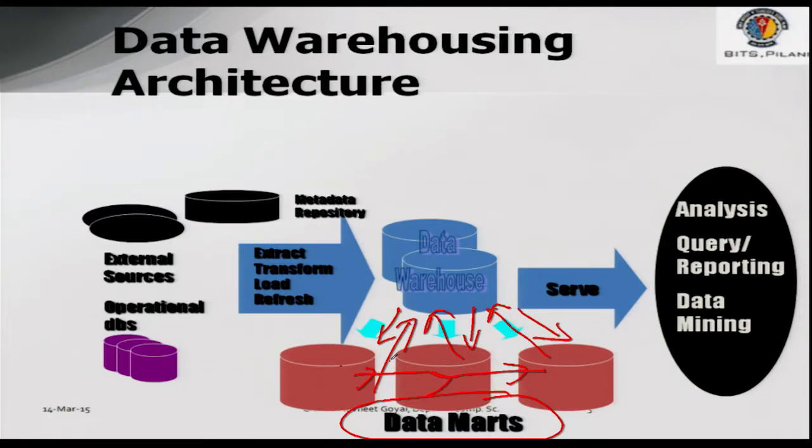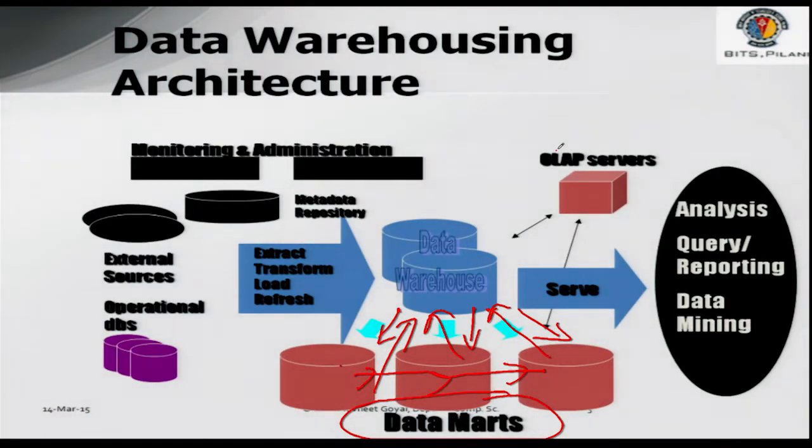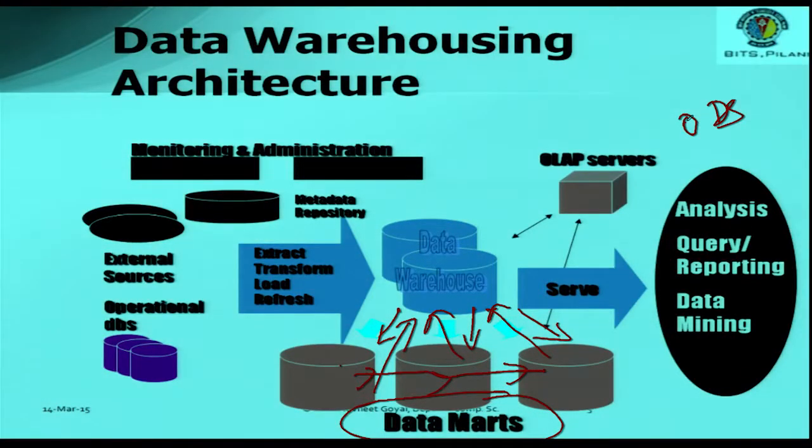So I'll talk about both the approaches. I'm going to talk about data marts, and I'm also going to talk about ODS, which is not explicitly shown in this slide, and you will know the reason also. So the other part that I'm going to talk about is ODS, and why it is not shown in a typical data warehousing architecture, because it is optional, and only when you already have an operational data store, then only you include it in the architecture.